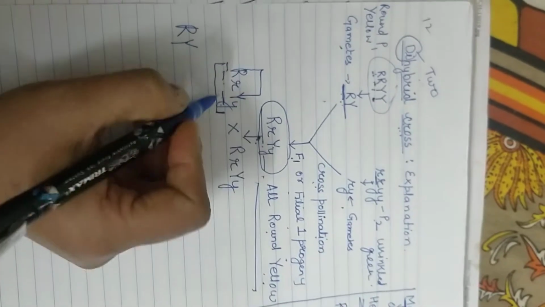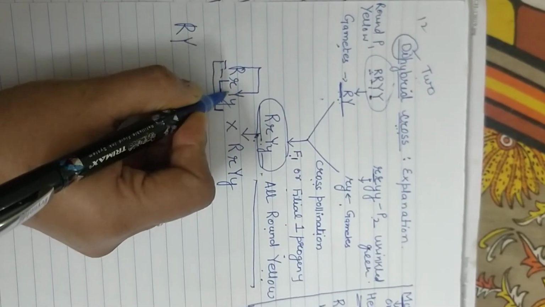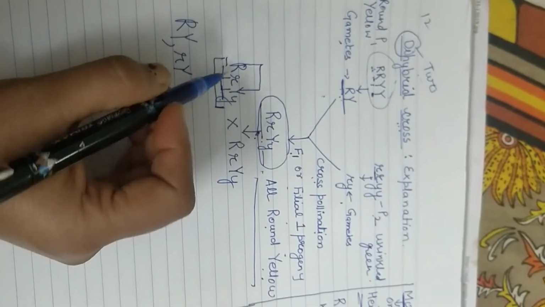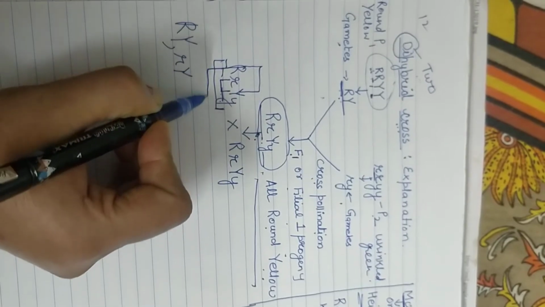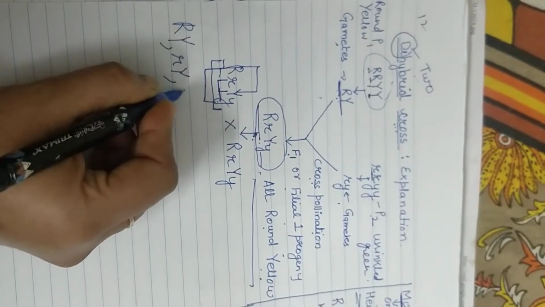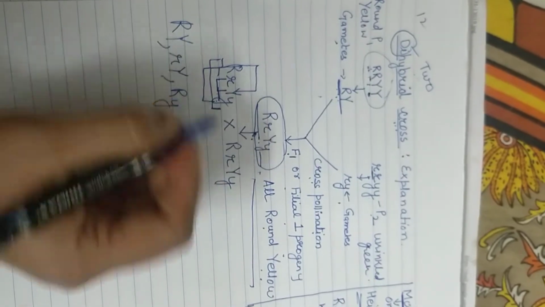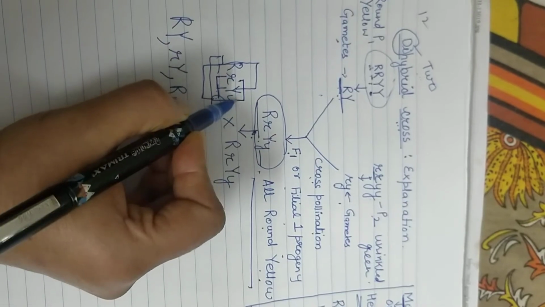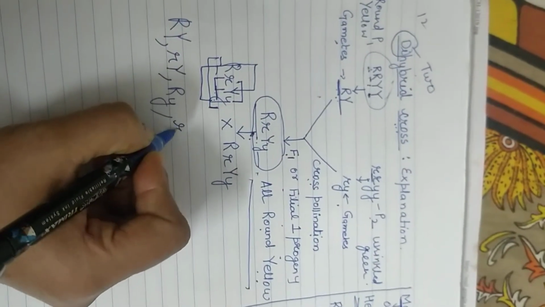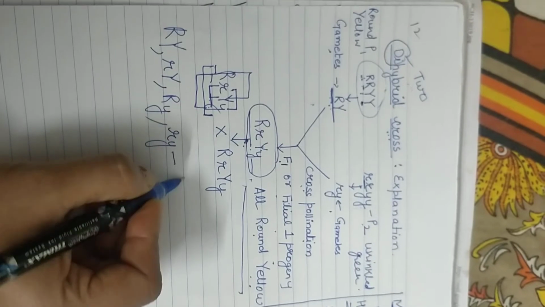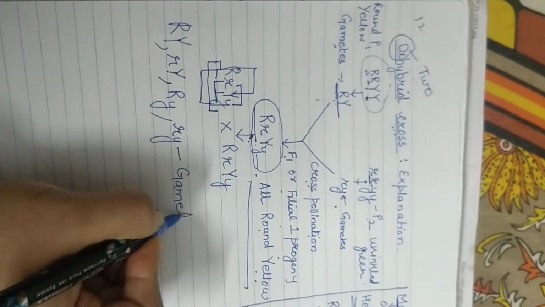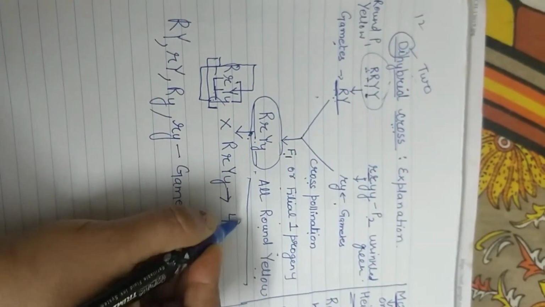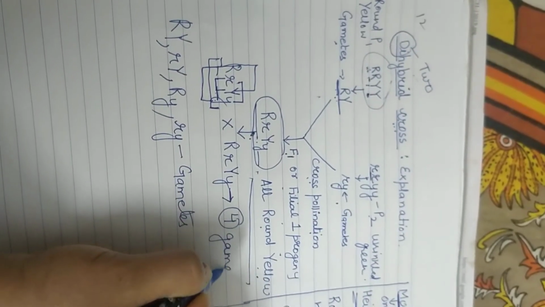Then this R will be crossed with this one, so Ry, small r, capital Y. Then this capital R will be crossed with small y, this gamete will be formed, and finally this small r will be crossed with this small y. So these 4 types of gametes will be formed. Similarly here also the same 4 types of gametes will be formed.